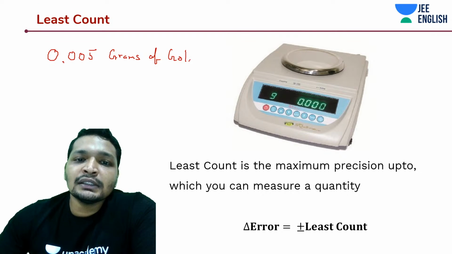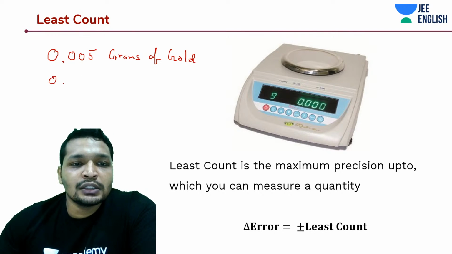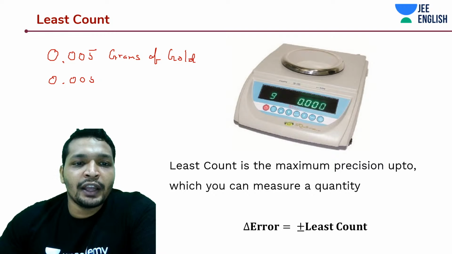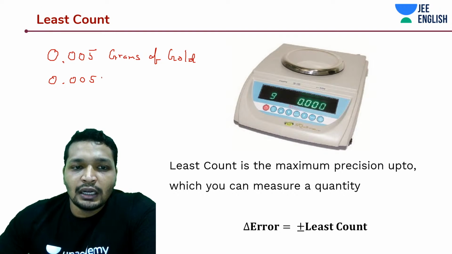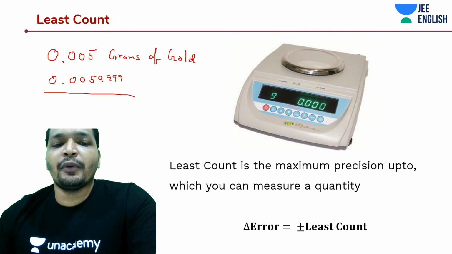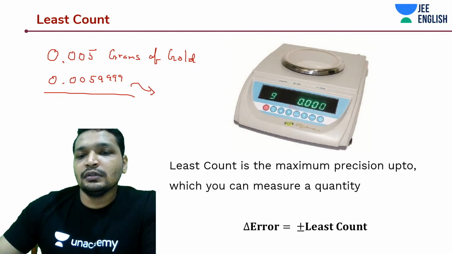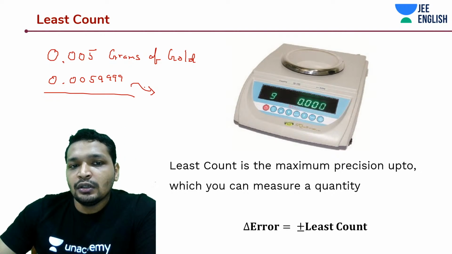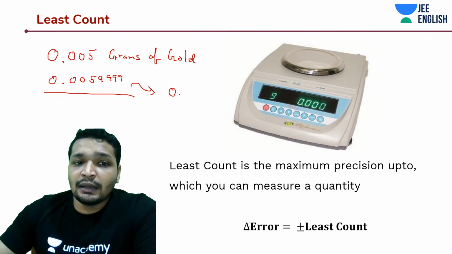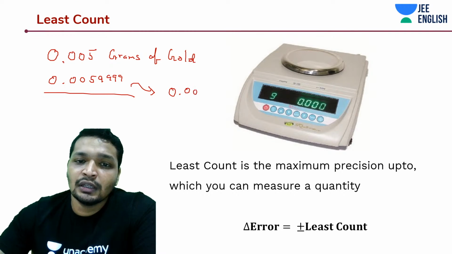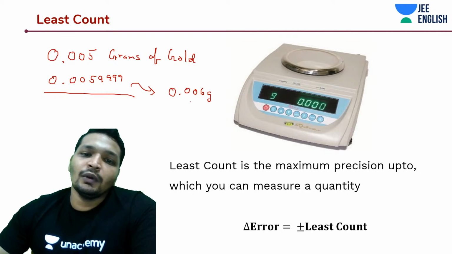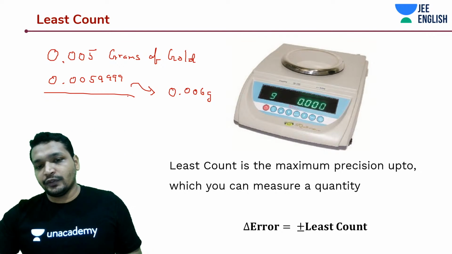But it could have been something like 0.005999, but still this may be measuring only 0.5 grams of gold. So it's near about 0.6 grams, 0.006 grams. But this one is only measuring 0.5.